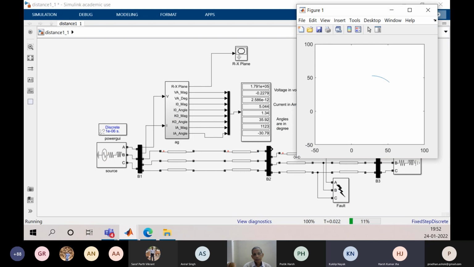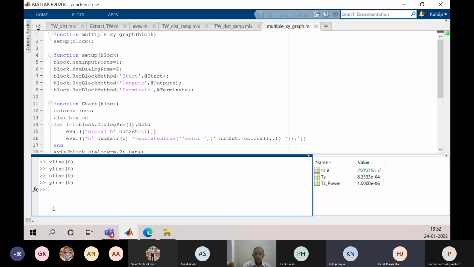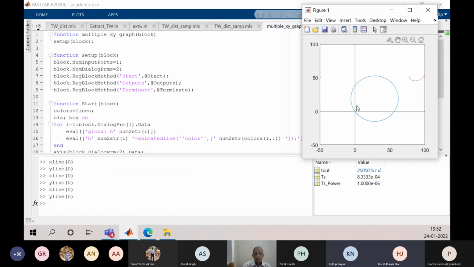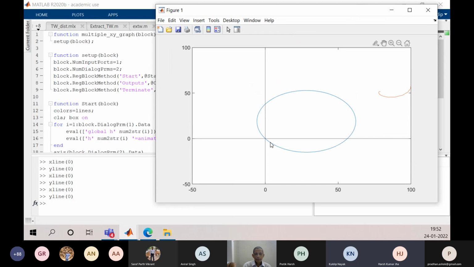You can see. This is the kind of curve we see, and this is the zone 1 characteristic, and this red one is the impedance calculated by the relay.